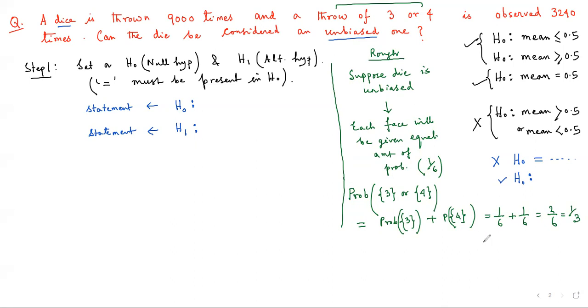Now in the hypothesis testing, we are going to assume that the die is unbiased. That is our assumption, and then we'll be able to put this particular probability in the formula that we'll be considering over here. So if the die is unbiased, and since H1 is complementary to H0, automatically in H1 we'll write die is biased.